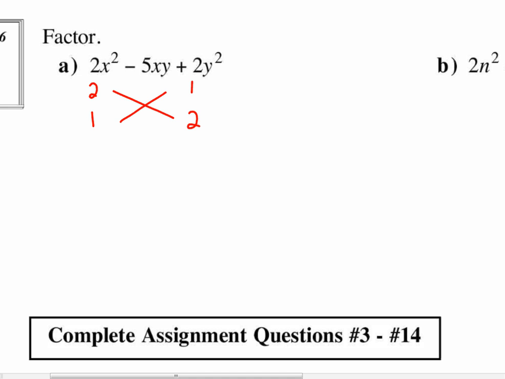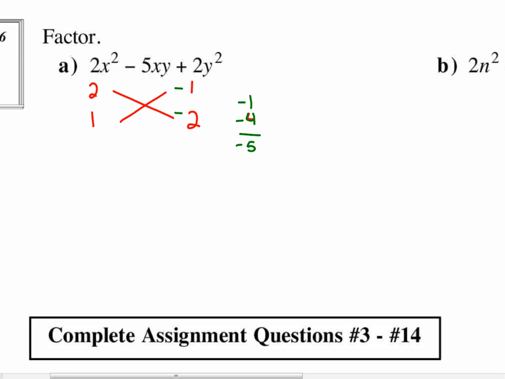Why did I put 1 and 2 there? 2 times 2 will give you 4, and 1 times 1? 1. So I want to make this a -5. How could I make that a -5? If they're both negative. So -1 and -2. And if I double check, will that give me still my product of a positive 2y?